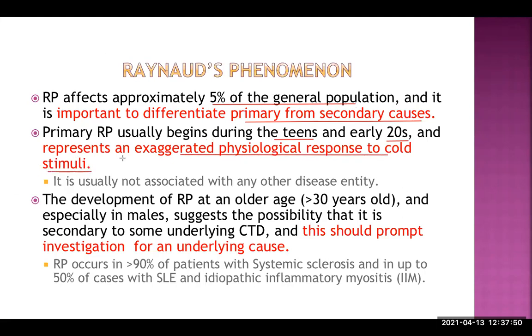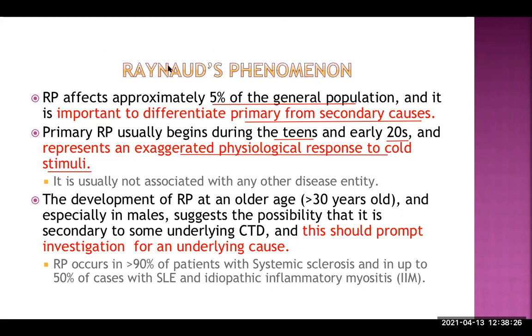Now, not all patients develop this, but some of them develop an excessive reaction to cold exposure. For example, if their hand is exposed to a colder environment, they can simply develop the three things one after the other, and this is known as Raynaud phenomena. And in this condition, usually they are not associated with any other disease entity, like it is not caused by connective tissue disorder in them. This purely is a separate type of entity.